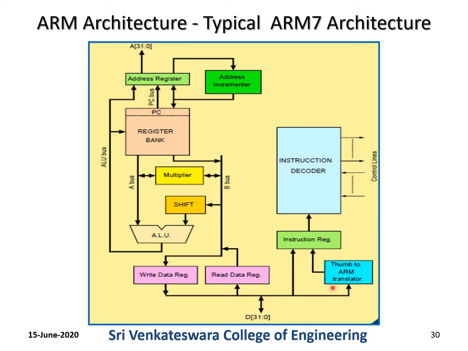Here we can see a thumb to ARM translator. Thumb instructions are nothing but a subset of ARM instructions. ARM instructions are 32 bit in size, whereas thumb instructions are 16 bits in size. If a thumb instruction is fetched, that has to be converted to an ARM instruction and then only it is decoded. So this is a typical architecture of ARM7.